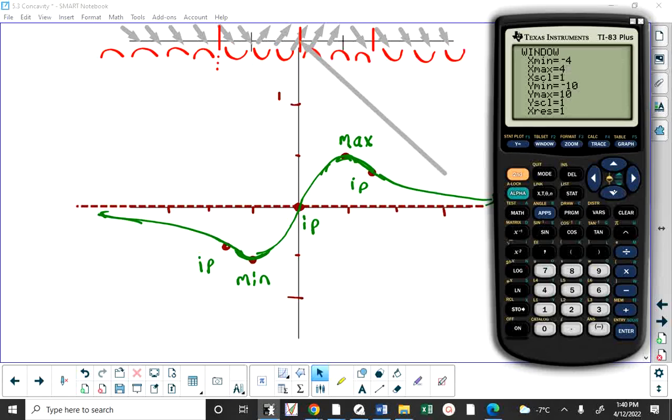I went from about, well, I'll just go -1 to 1. It's pretty good. I was maybe a little too severe in terms of how close I went towards the horizontal asymptote, but it looks pretty good. And it's odd. You can see it's odd. Any questions with that example?